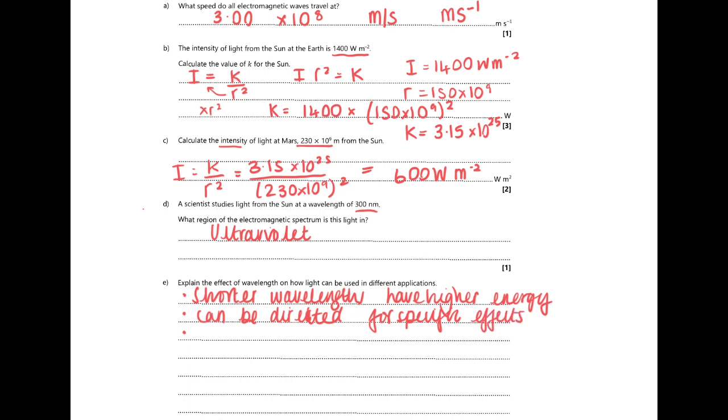So a longer wavelength can be diffracted more easily. And they have a larger range for communication without being specifically directed.